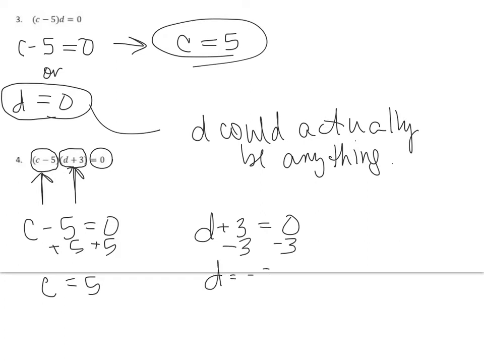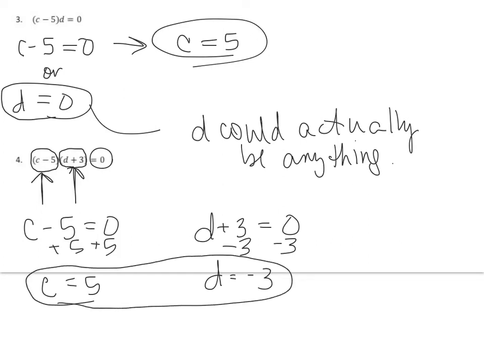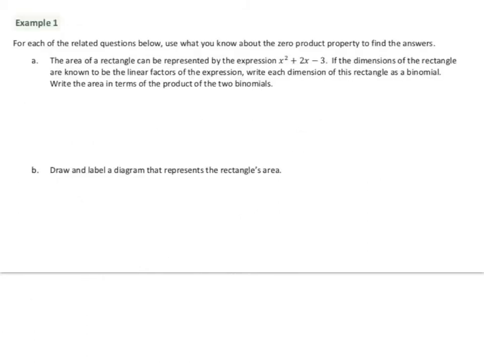D equals minus 3. Each one of these makes the equation a true statement. Okay? So here I can say they can both be true, or just one can be true. Both of them don't have to be true. At least one has to be true.